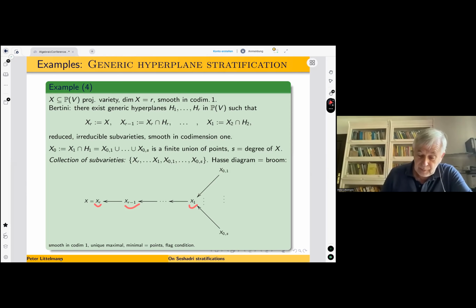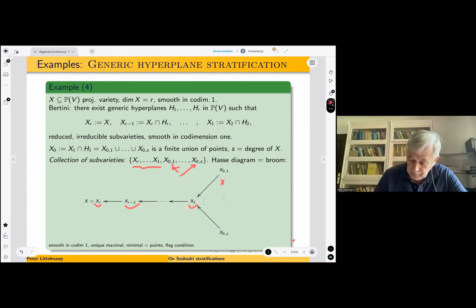So I take as my collection of varieties all these which I get by this intersection, and at the end, I just add all these points which I get in the last intersection. And if we look then at the Hasse diagram, it looks a bit like a broom, because I have here also the other points x_{0,2} and so on.